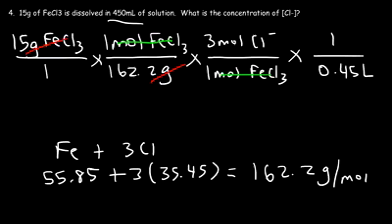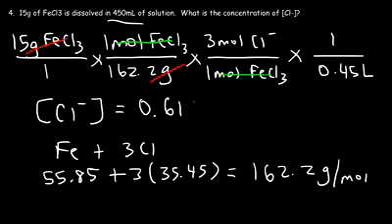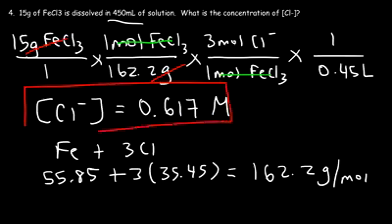So this is going to be 15 divided by 162.2 times 3 divided by 0.45. So the concentration of chloride in a solution is 0.617 moles per liter, or capital M. So that's the molarity of the solution, of the chloride in a solution.